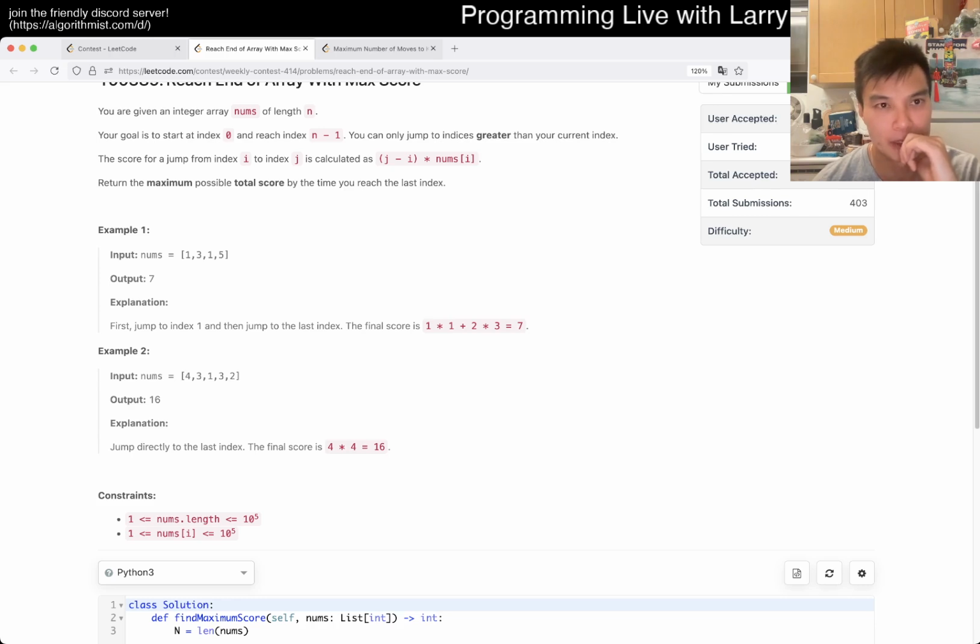And then we go to the next one, it's going to be 4 times 4. How do we do the math that way?